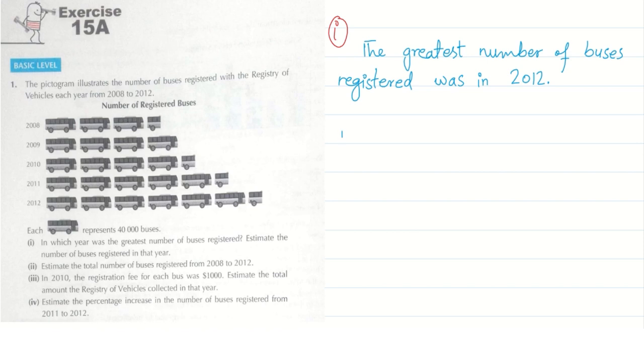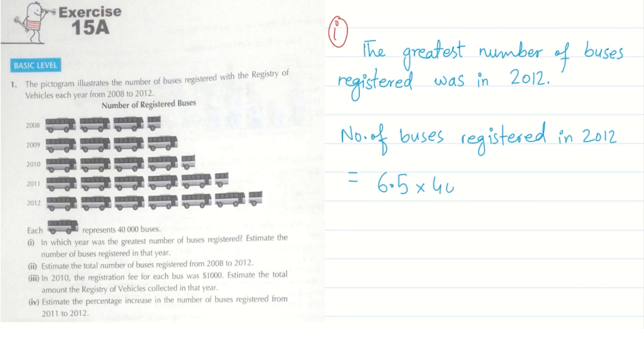So the number of buses registered in 2012 are 1, 2, 3, 4, 5, 6 and a half. 6 and a half are the buses, and each bus represents 40,000 buses.